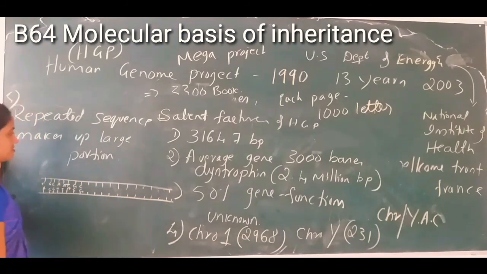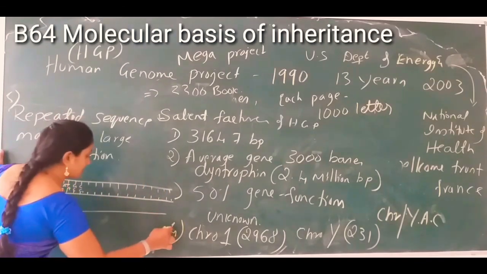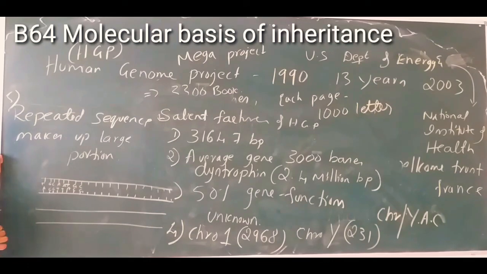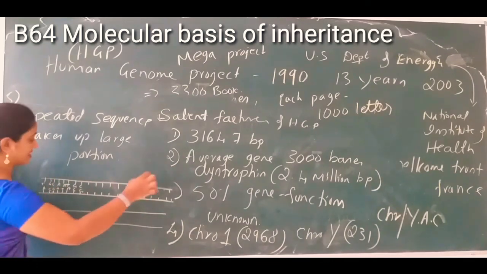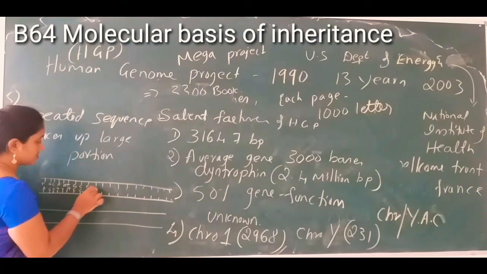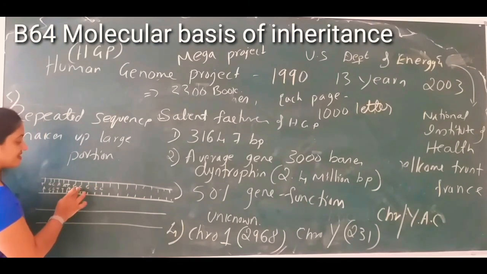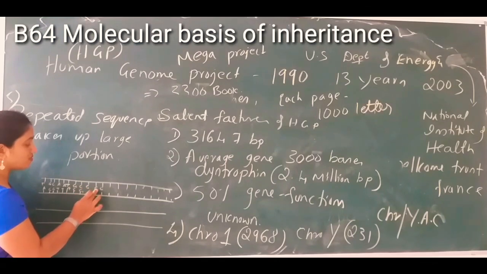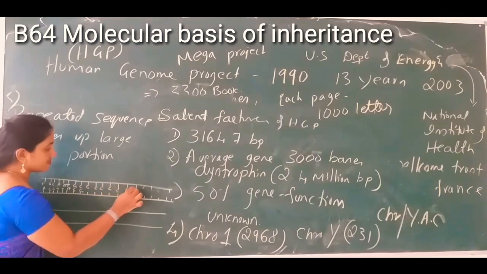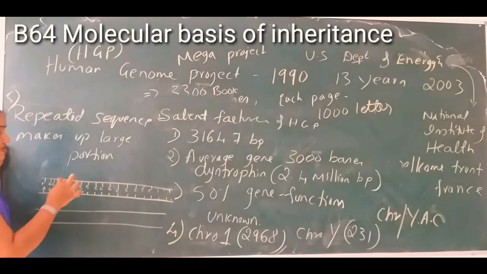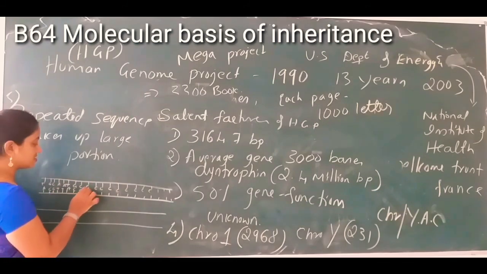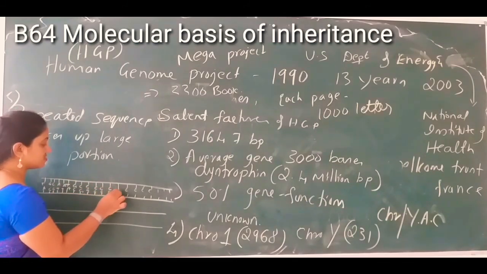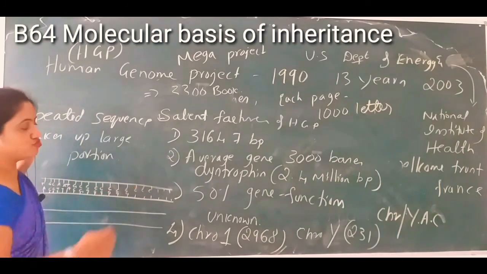This is one strand. In one more strand, if I keep on writing only C, C, C, this will become a repeated sequence. This type of sequence makes up a large portion.